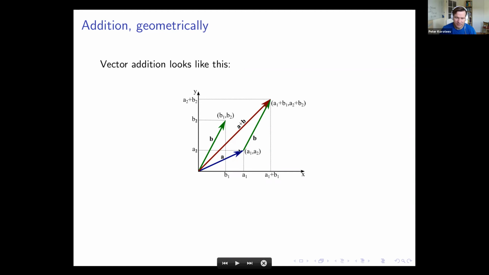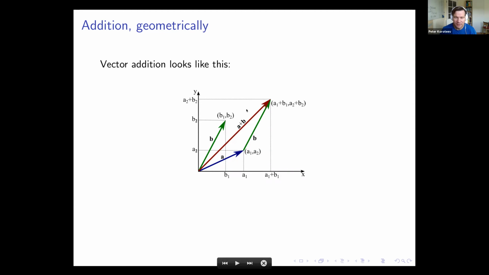So you put the tail of vector B on the tip of vector A, and then the addition law tells you that the sum of these two vectors will be the vector that has a tail which coincides with the tail of vector A and a tip that coincides with the tip of vector B. You can call it a triangle rule, or you can also call it a parallelogram rule, right?